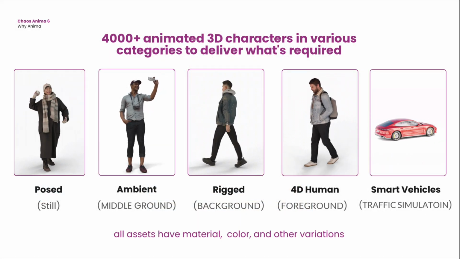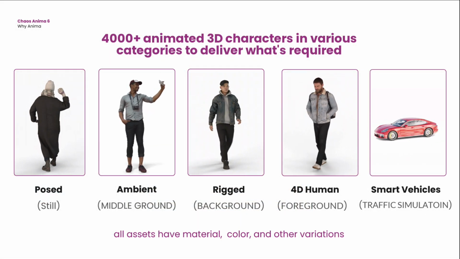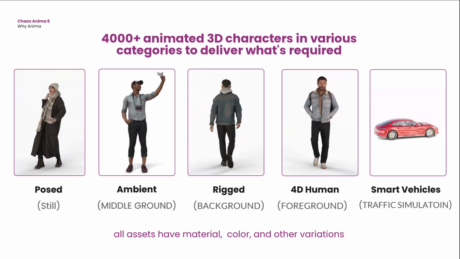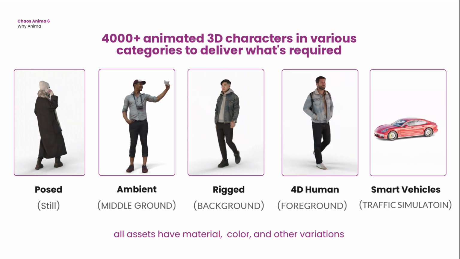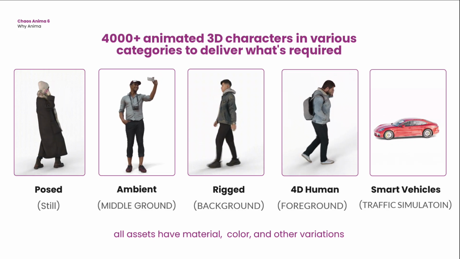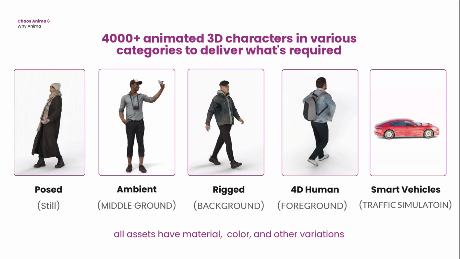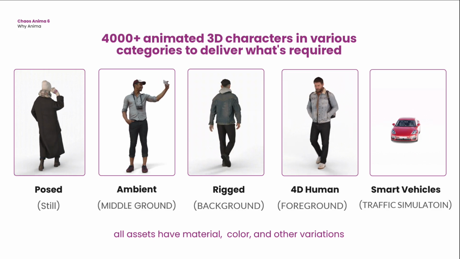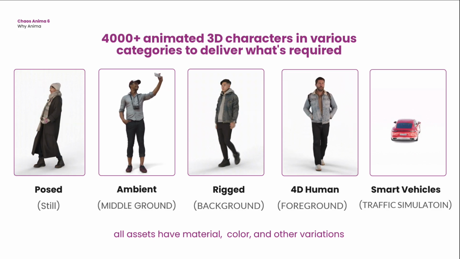With Anima, you can access over 4,000 characters spanning various ethnicities, ages, genders, occupations, and movements. And now, with Anima 6, you can also tap a growing collection of animated vehicles. We'll dive deeper into Anima 6 new traffic simulation features a little bit later on.